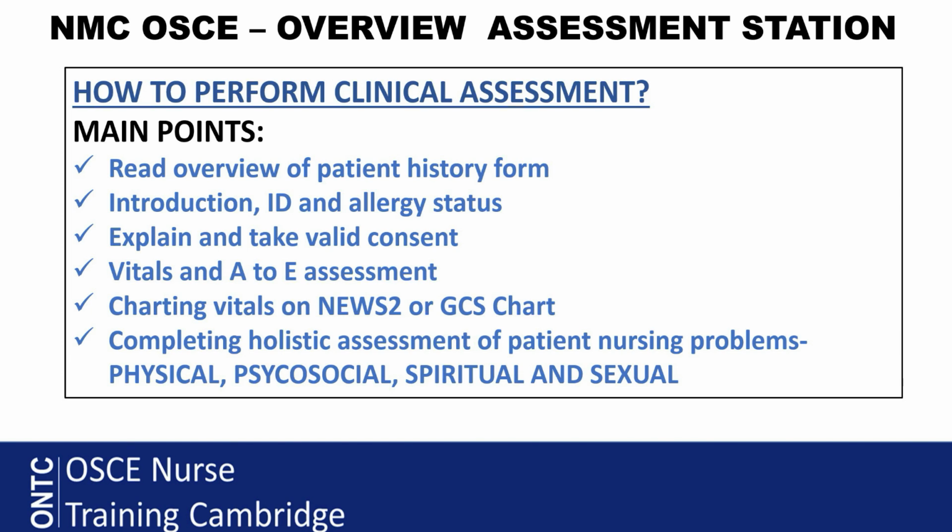Without complicating it, there are extra things which need to be charted on the neuro chart, which is your Glasgow Coma Scale, your pupil size and reaction to light, and your limb assessment, strength for arms and legs. That is extra work in a neuro scenario, and it is charted on the same chart as vitals. There is no NEWS chart in a neuro scenario. The neurological observation chart has space for all those things plus your vitals, okay? So you do need to do that.